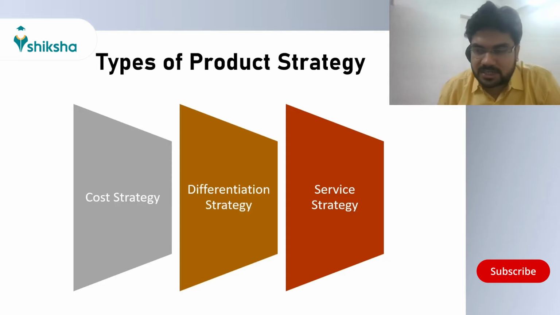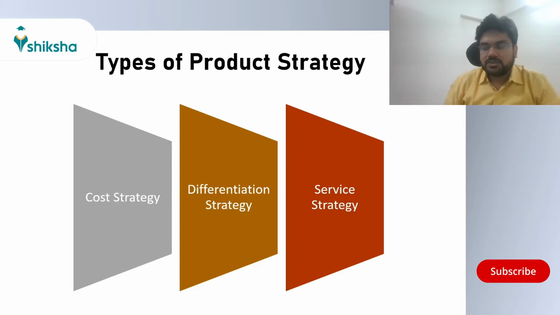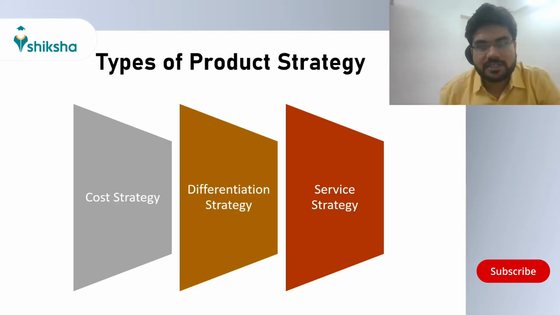The differentiation strategy is mostly for products which establish themselves, which place themselves ahead of their competitors, or differentiate themselves in one way or the other. For a large portion of the last decade or two, Apple differentiated themselves in terms of the innovation that they brought in.